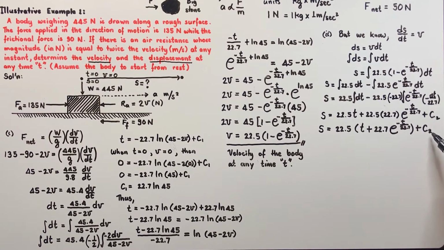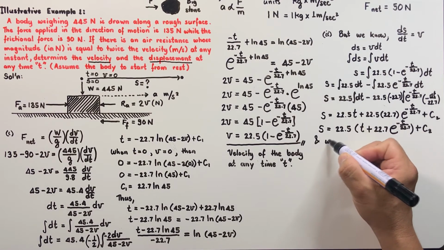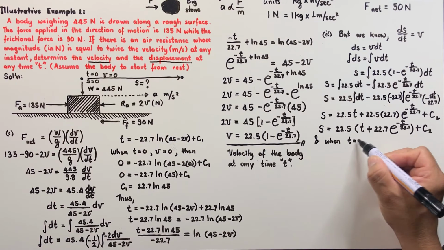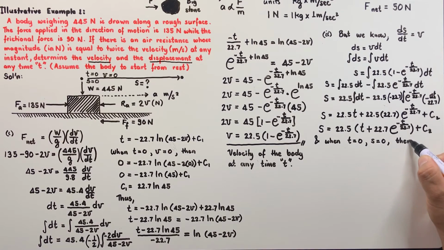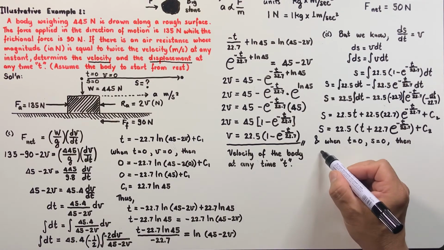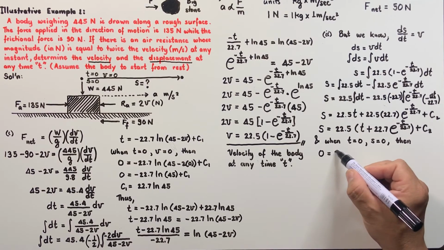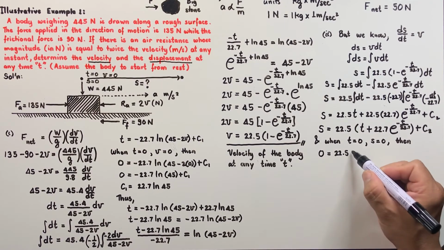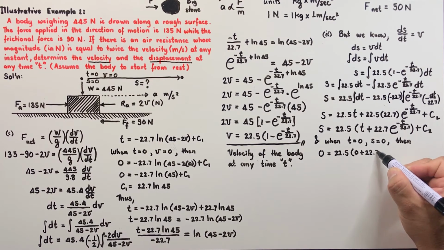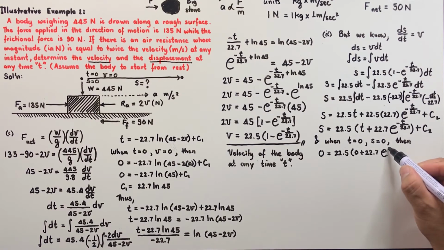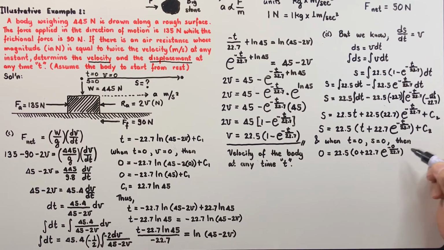But we can solve this c sub 2 by using a boundary condition from the problem: when the time is 0, meaning at the start, our displacement is also 0. So we can substitute this into the equation here. Our s is 0, which is equal to 22.5 times 0 plus 22.7 times e to the power of negative 0 over 22.7, plus the constant of integration c sub 2.